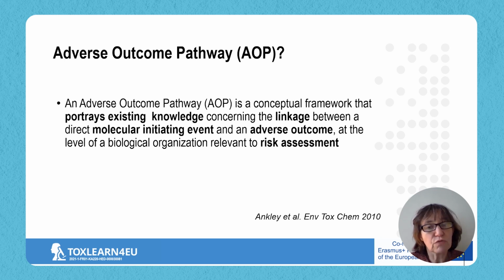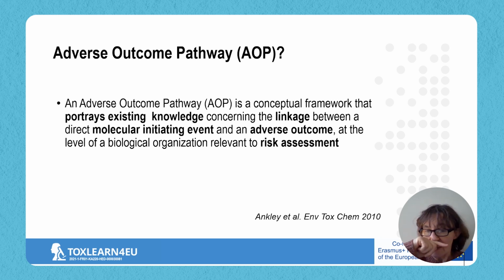An adverse outcome for risk assessment, for example, is population growth, morbidity, fecundity, reproduction. These kinds of adverse outcomes can be linked by a pathway to what happens at the molecular level.